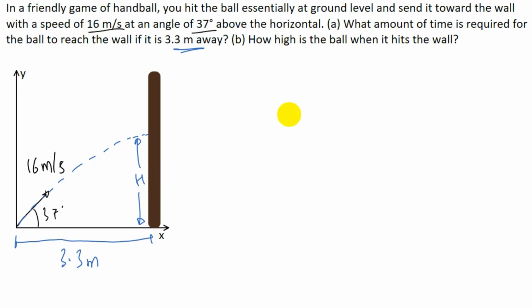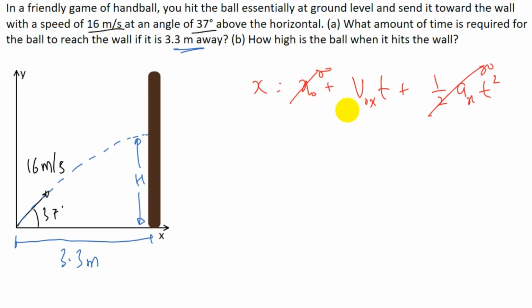We can consider the horizontal motion for the ball, which is x equals x naught plus v naught x times t plus 1 over 2 a x t squared. Now there is no acceleration in x direction, so the whole term is 0, x naught is also 0, so this time would be x over v naught x. X we have this value, which is 3.3 meter, because horizontally it travels 3.3 meter.